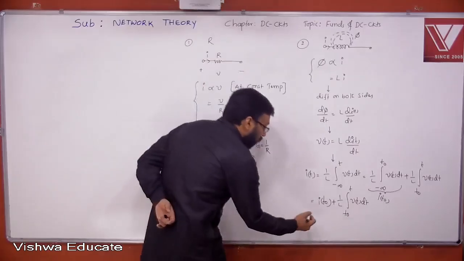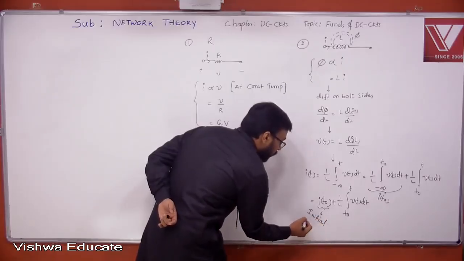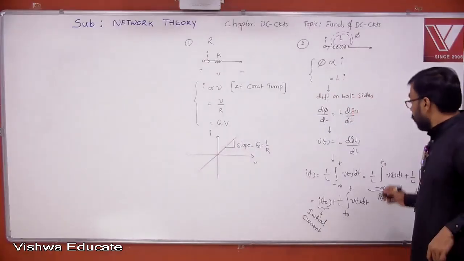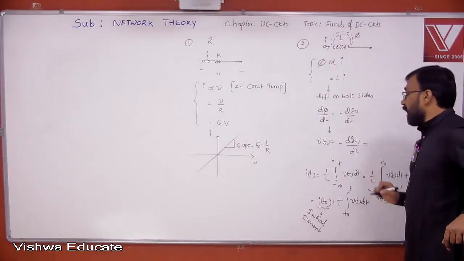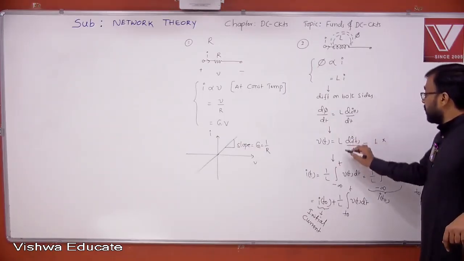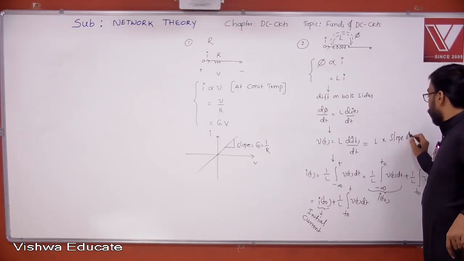What is this I of t naught? It is the initial current through the inductor. Now look at this. v is equal to L di by dt, where the first derivative can always be taken as the slope of i of t.